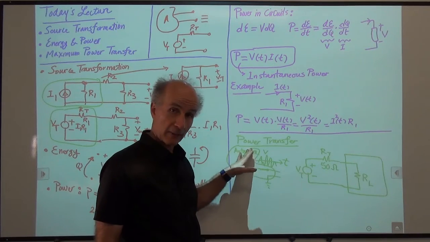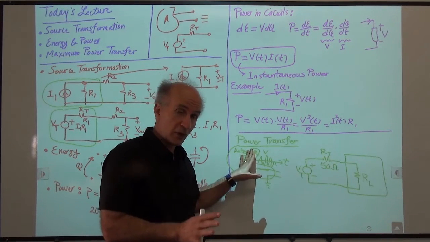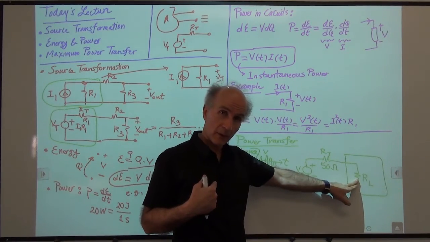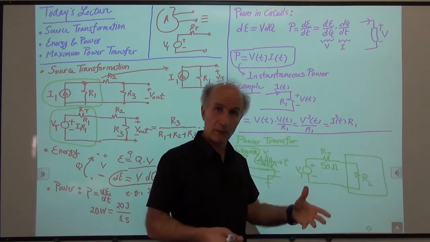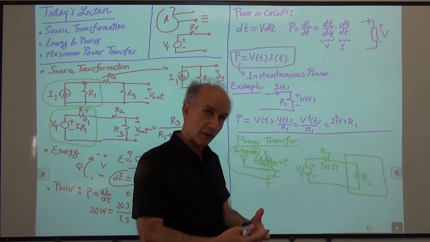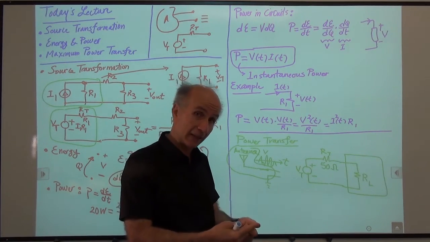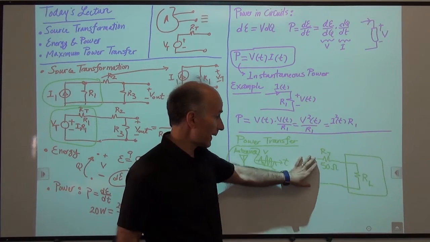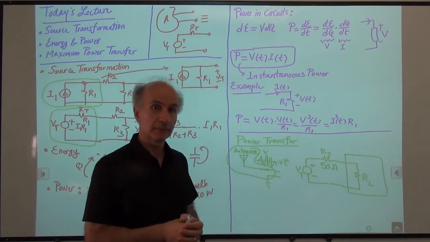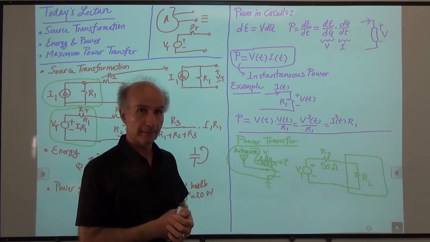This is the antenna that has been designed. That's not negotiable. We cannot change it. But this resistance is under our control. This is a part of the circuit. I can make it smaller, make it larger. So the question is, under what conditions, for what choice of RL, do I have maximum power transferred from here to here? All right, so that's what we're looking for.